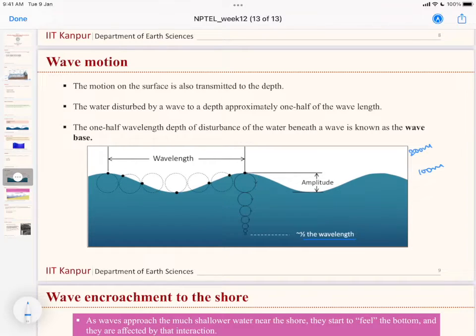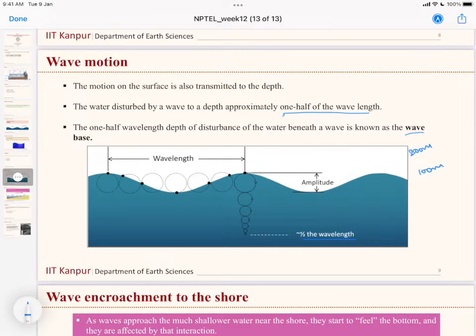If we talk about a few key points, the motion on the surface is also transmitted to depth, which we have already seen. The water is disturbed by a wave to a depth of approximately 1/2 of the wavelength. This information is very important. Remember that it goes down only 1/2 of the wavelength, and this depth is known as the wave base.